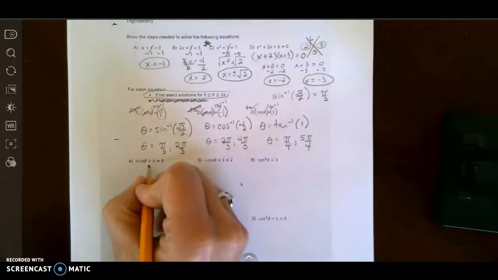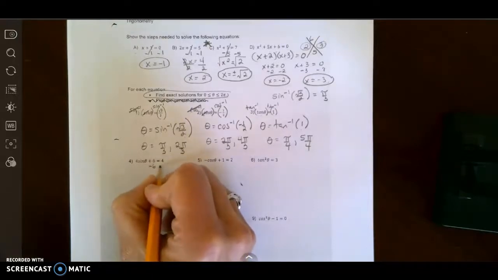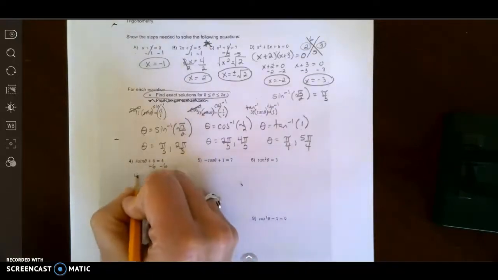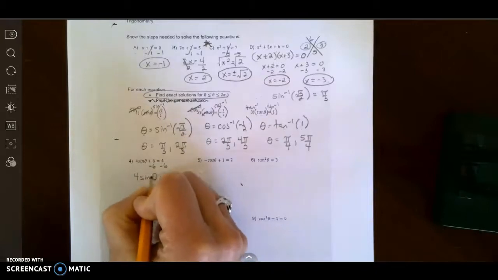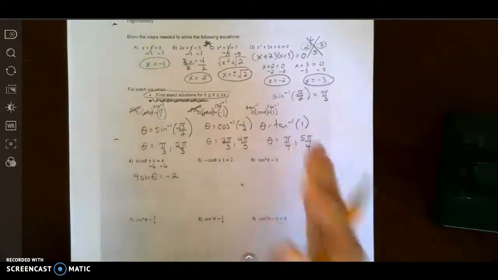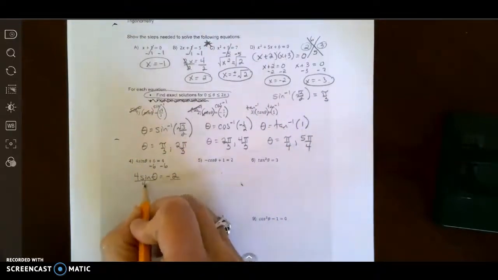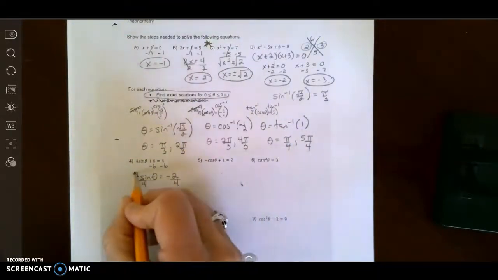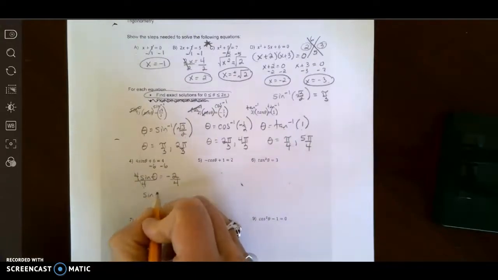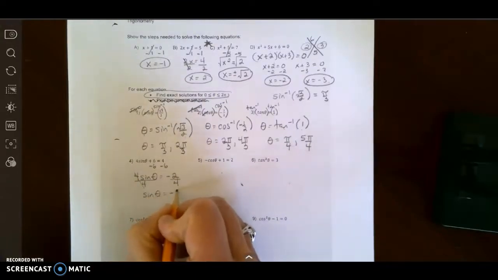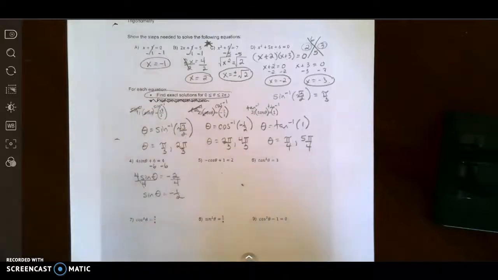So I need to solve for theta, so subtract 6 from both sides. And I get 4 times the sine of theta equals negative 2. Divide both sides by 4. And I get that the sine of theta is negative 1/2.